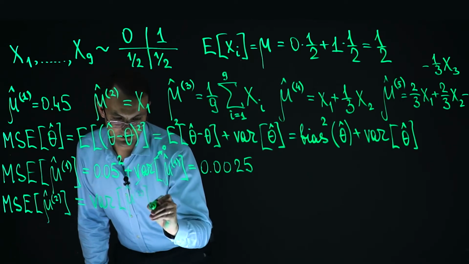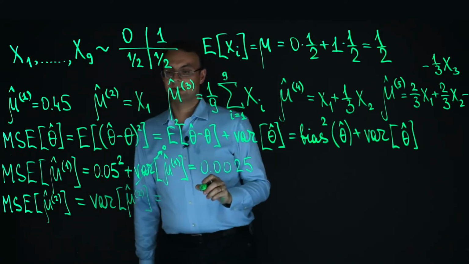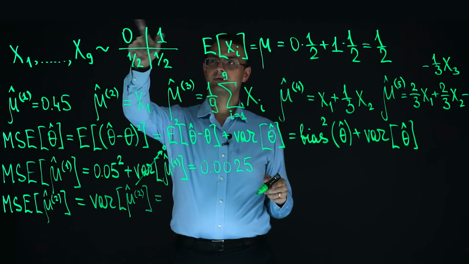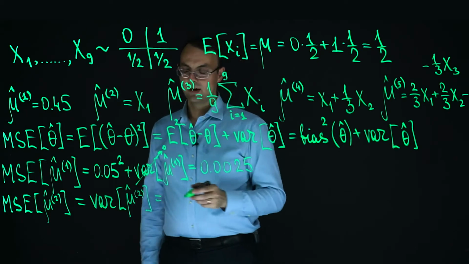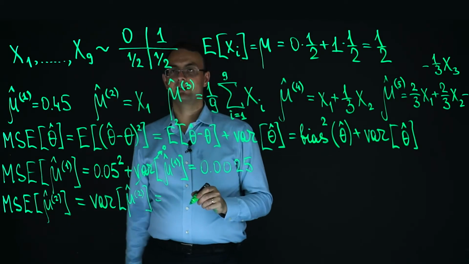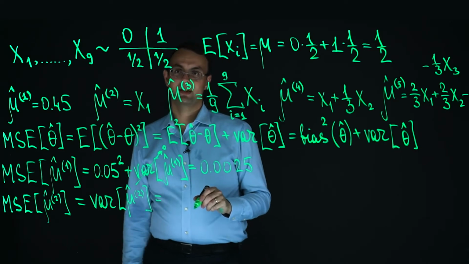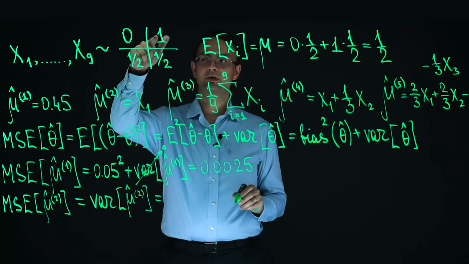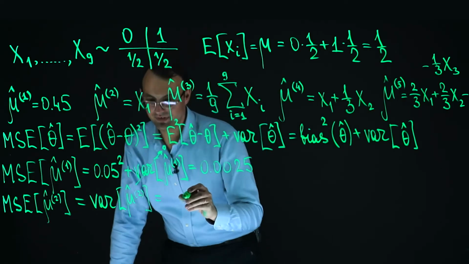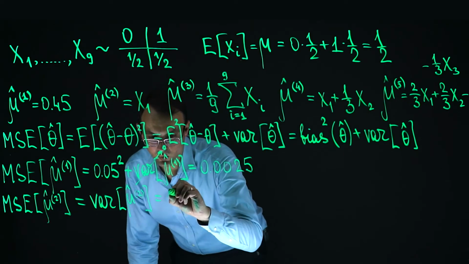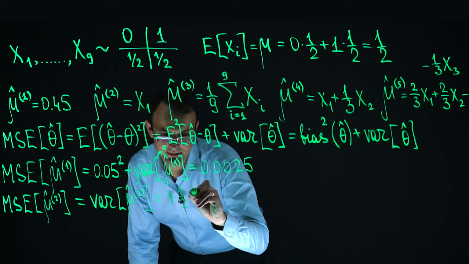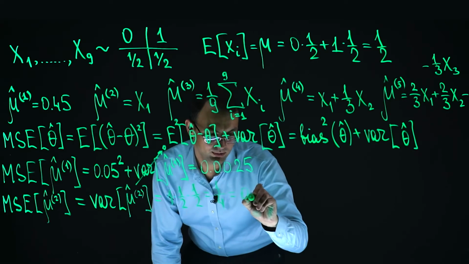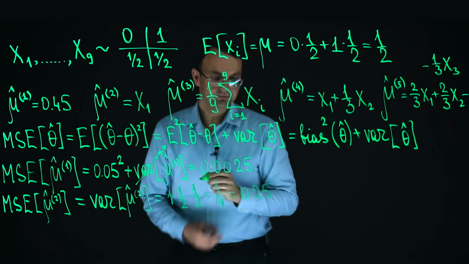And x1 is distributed according to this distribution law, so this is a binomial distribution with parameters 1 and 1/2. So the variance is 1 times 1/2 times 1/2, that is 1/4, that is 0.25.